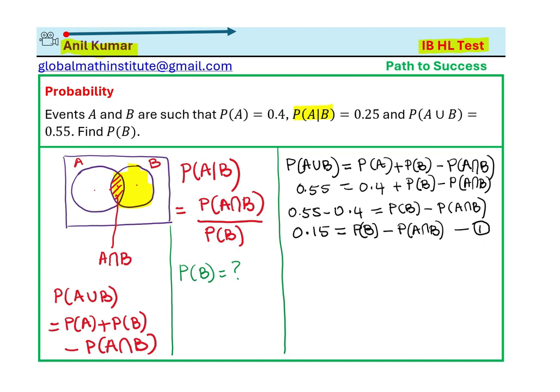Now the other statement is very easy. Probability of A when B has occurred, we are already given as 0.25. So let's say we use this formula as statement 2.